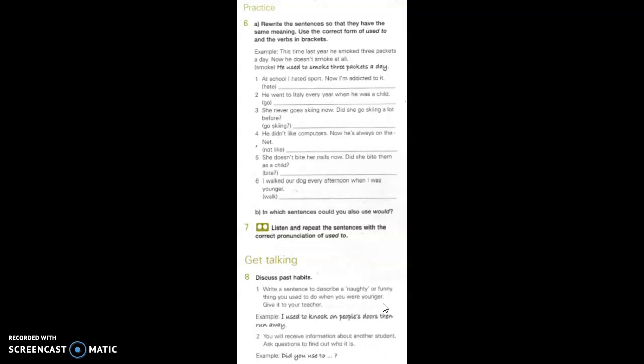Or you could provide them with profiles of people, maybe a photo of somebody, and a few things that they used to do or that they would do in the past. And then the student needs to talk about or write about that person, just taking away the personal from our ESOL students that might not particularly want to talk about their own pasts.